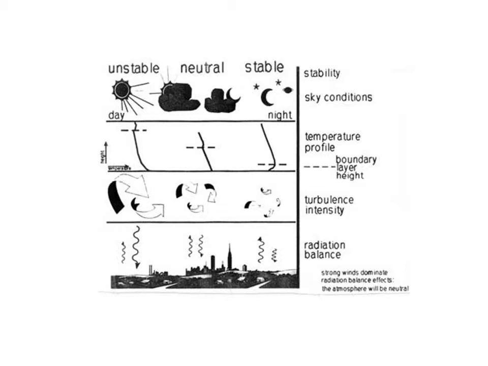Whereas the stable atmosphere is mainly seen during night time. During night time, the turbulence intensity is very less and the incident radiation is also less, and more heat is getting emitted to the upper atmosphere.